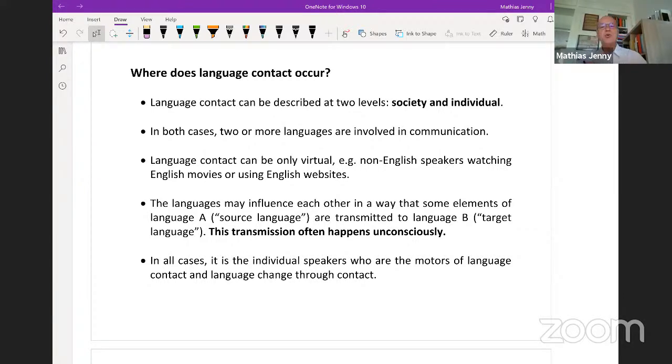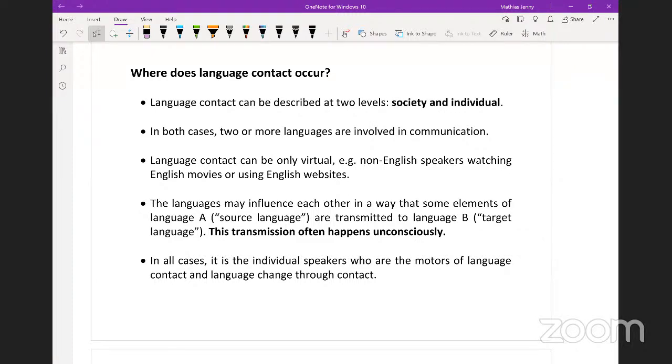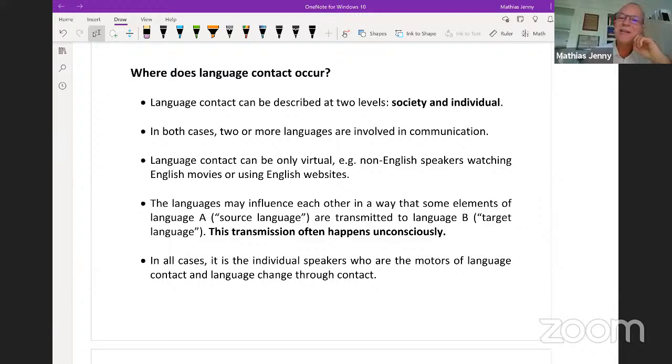Now, very important, language contact, especially today, does not necessarily mean that the speakers are in contact, that the cultures or the societies are in contact. So all of you are at least bilingual to some extent.